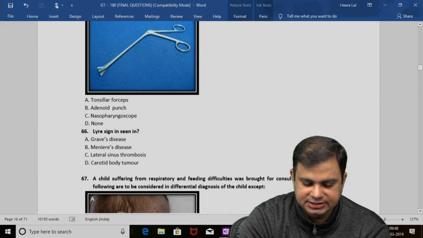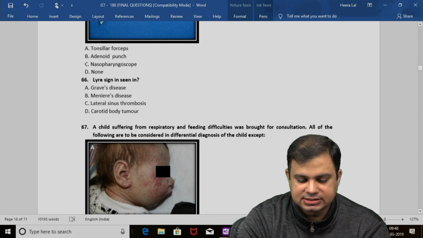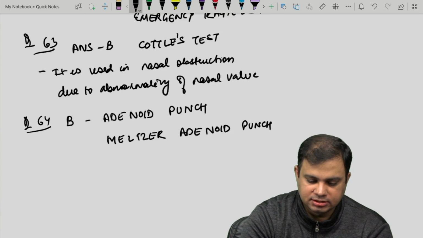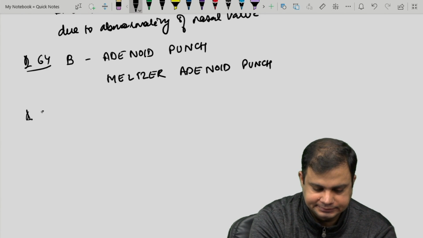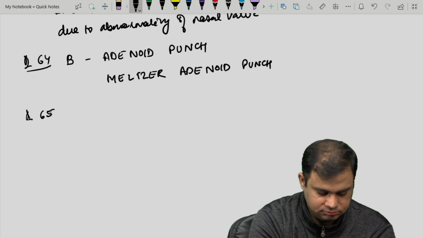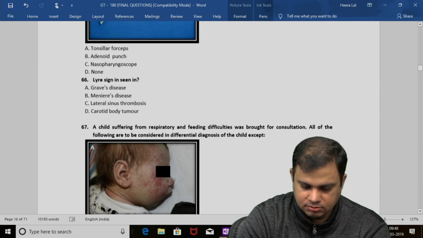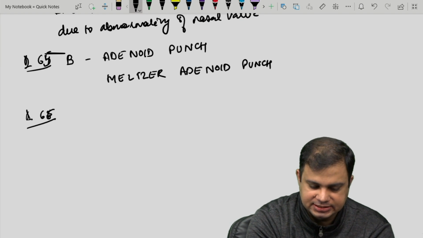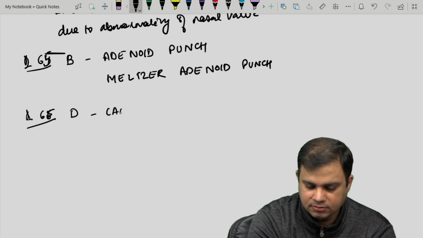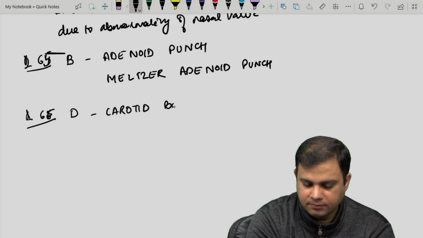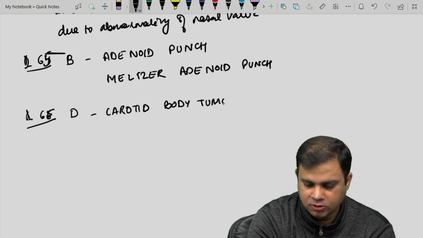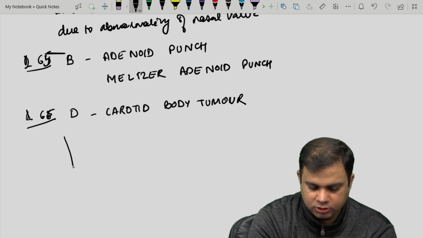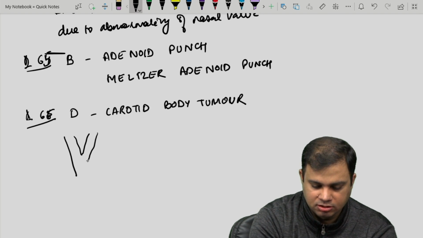Now coming to question number 66, it states Lyre sign is seen in carotid body tumor. The carotid body tumor is present at the bifurcation of the common carotid artery.